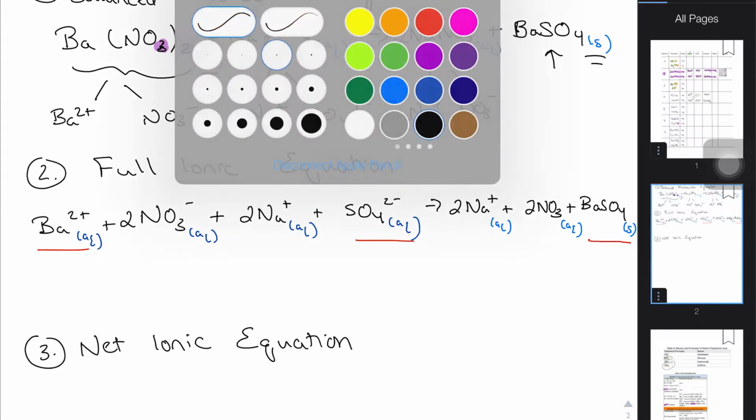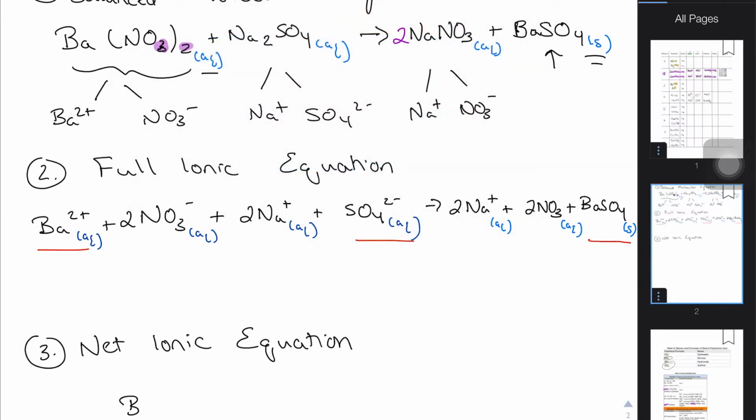So the net ionic equation is simply Ba2 plus, aqueous, plus SO4 2 minus, aqueous, goes to form BaSO4 solid. So what the net ionic equation does is it's showing us what we need to make our solid. That's all the net ionic equation does.